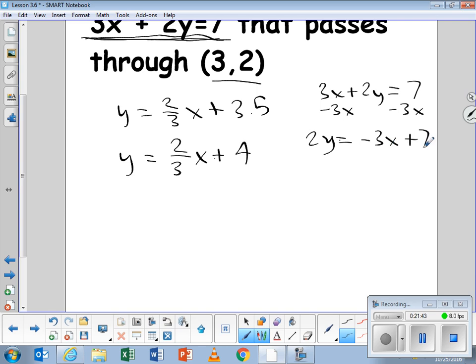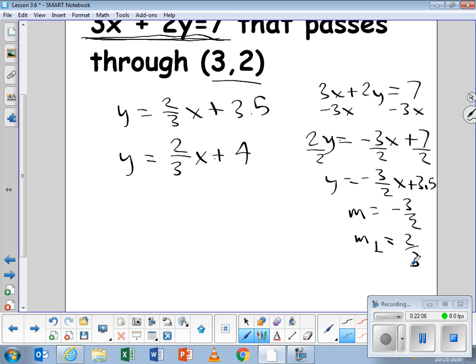And then we're going to divide everything by 2. So y is equal to negative 3 halves x plus 3.5. Now, what's my slope of this line then? Negative 3 over 2. What's the slope of my perpendicular going to be then? A positive 2/3. So we have the right slope, but we have an error in the rest of this.